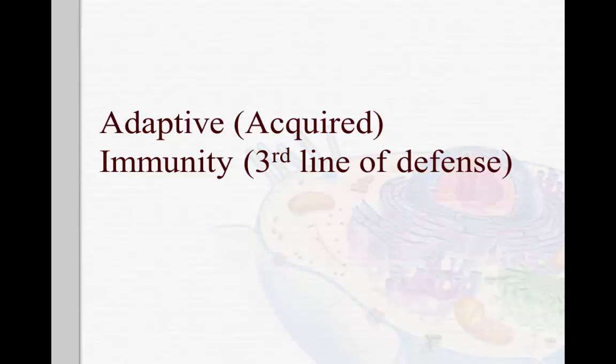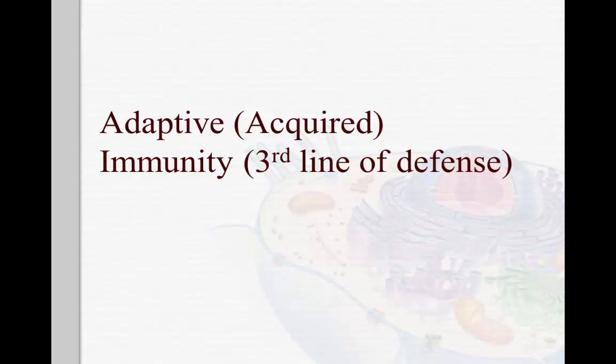Acquired immunity is also called specific immunity because it tailors and attacks a specific antigen previously encountered. So you will see in this presentation that there is a primary response and a secondary response to an already recognized antigen, and the immune system creates memory and attacks it.